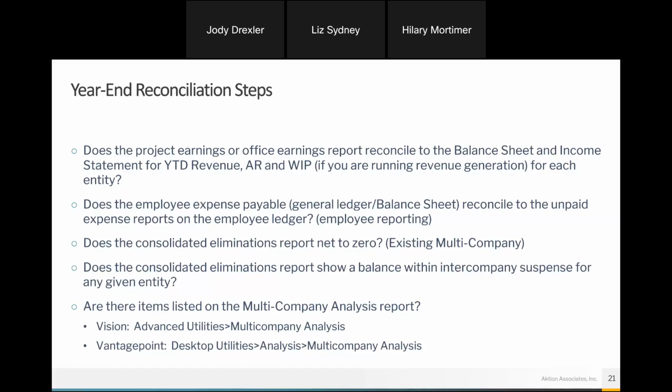Does the consolidated eliminations report show a balance within intercompany suspense for any given entity? So all of these are going to trigger looking at where you're off and drilling into your information in either Vision or Vantage Point to see what could be wrong and making any corrections.